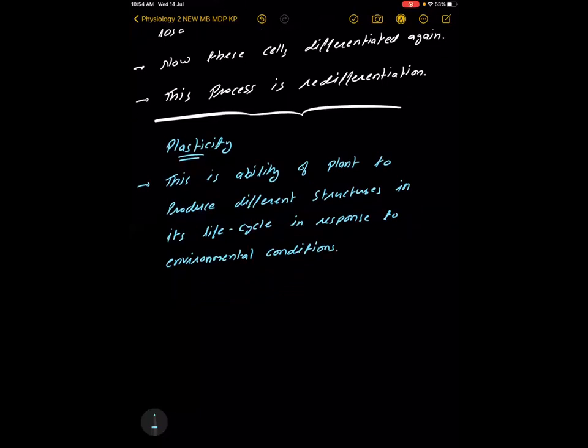For example, examples are larkspur, cotton, buttercup, and coriander.